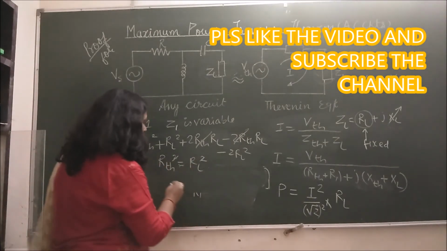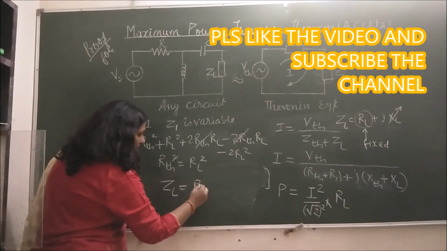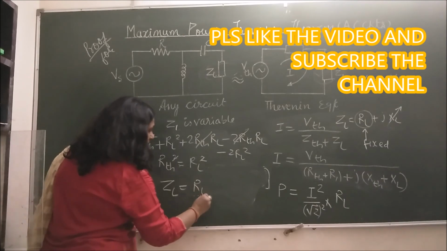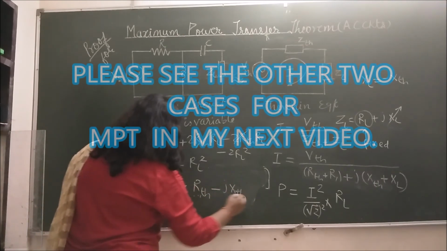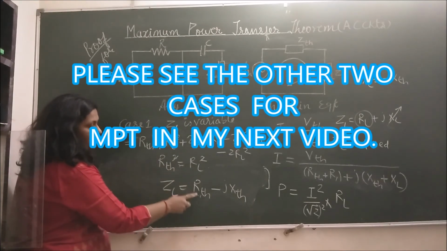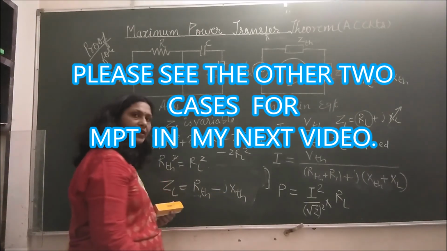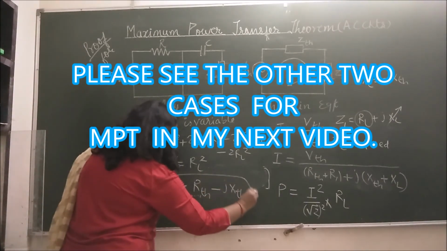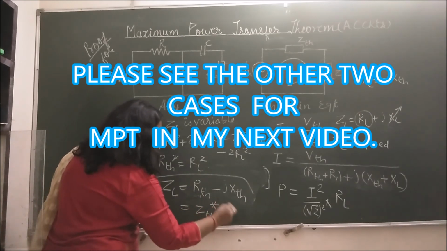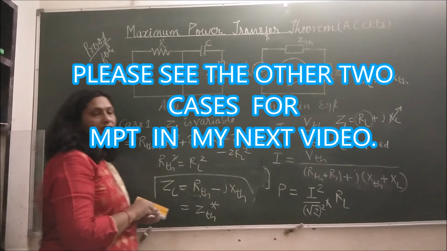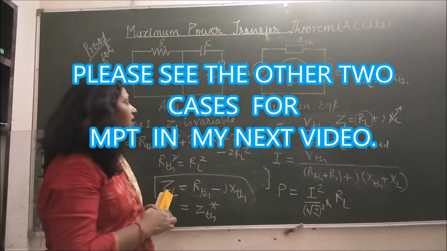So we got the condition that ZL should be equal to RTH minus jXTH, because RL should be equal to RTH and XL should be equal to minus XTH. This is equal to the complex conjugate of ZTH. So we got the proof for the maximum power transfer theorem in case 1.